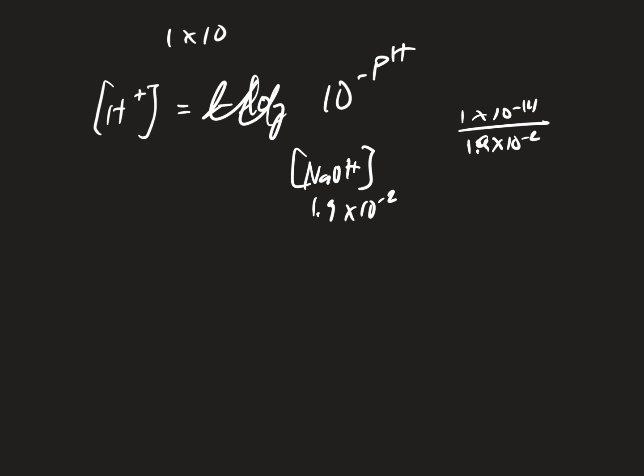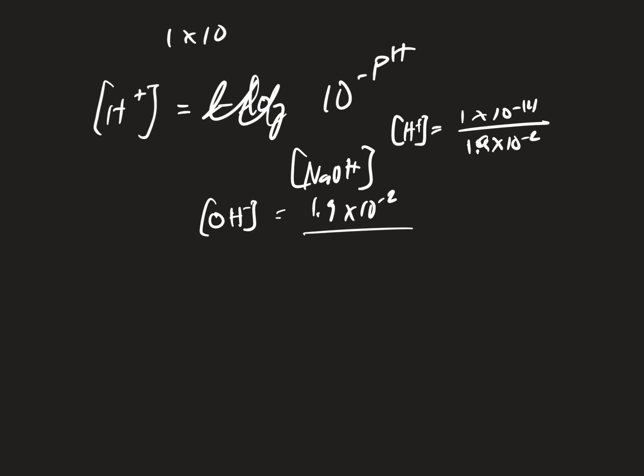So this is the concentration of NaOH, is that right? Correct. And that's basically the OH concentration, right? Because it's a 1-to-1 ratio. Yeah. And we're trying to find the pH, or the hydrogen ion concentration.